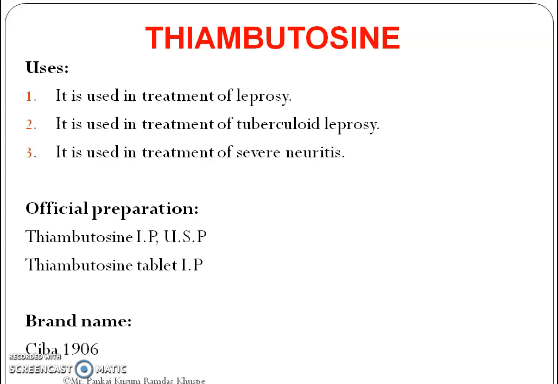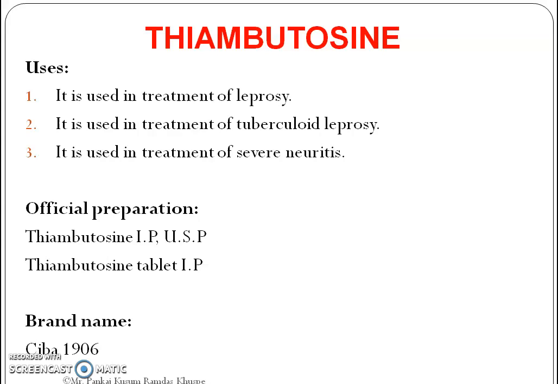It is the condition in which the bacteria which cause leprosy, Mycobacterium leprae, infect the skin first, and from the skin move to the nerves, and when they infect the nerves they cause pain. That condition is called neuritis, and in that condition we use thiambutosine for the treatment of that infection to cure that pain. That is, it is used in the treatment of severe neuritis.